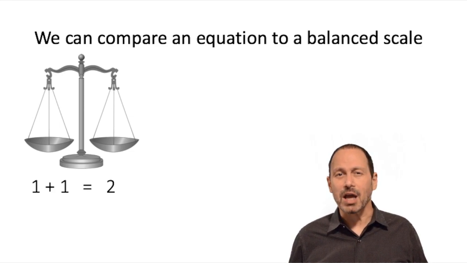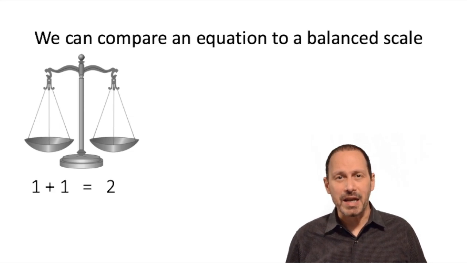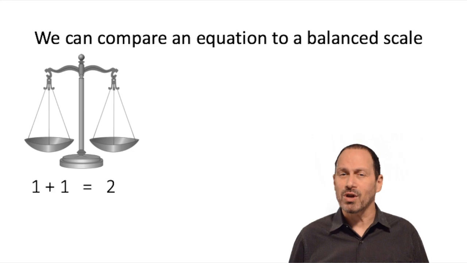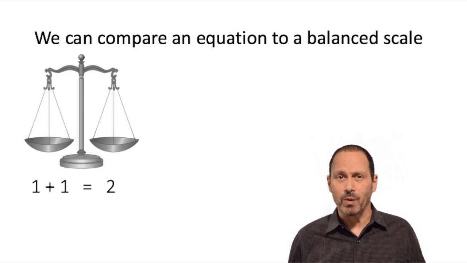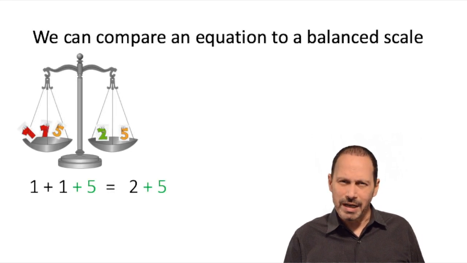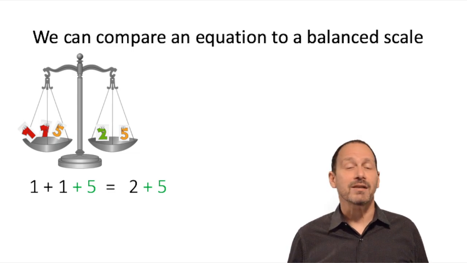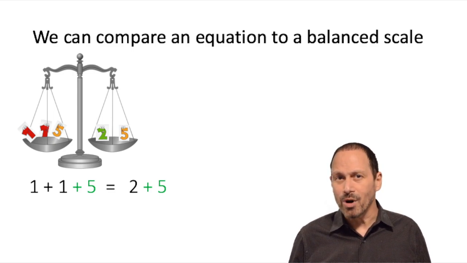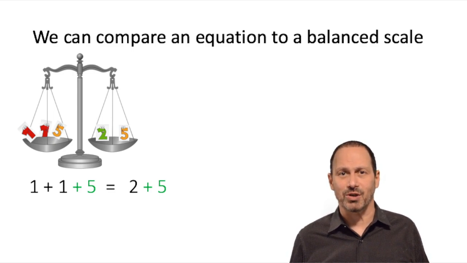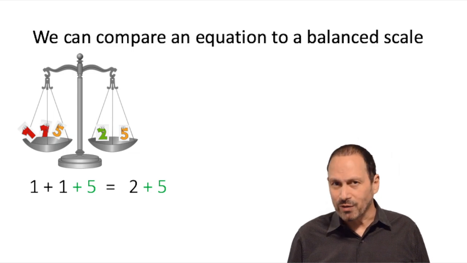The same way, the equation must remain equal. That's why we have to perform the operation on both sides of the equation to preserve its equality. So let's say we add 5. We can add 5, but then we must add 5 to both sides of the equation to preserve the equality.